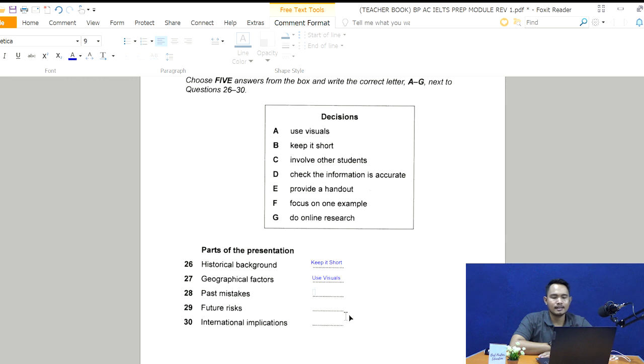Past mistakes, because it's past mistakes, it must be correct. So I might say we should just check the information. Check the information, right? So check the information is accurate. Okay. All right.